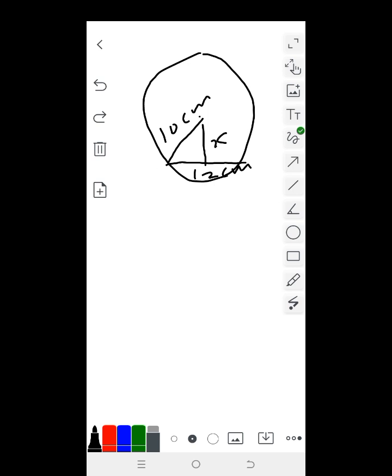So let's move ahead. This looks all nice, but naming your points helps us to know what to do. I'm naming this M, A, then B. So my line MB, which is the chord, is 12 centimeters.